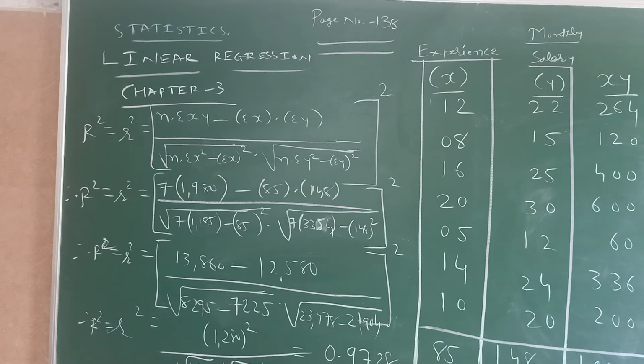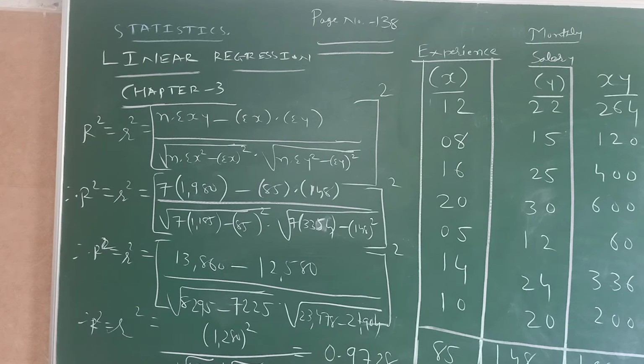We put all the values into the formula. In place of n, there are 7 pairs, so we write 7. After putting the values, we do the simplification.